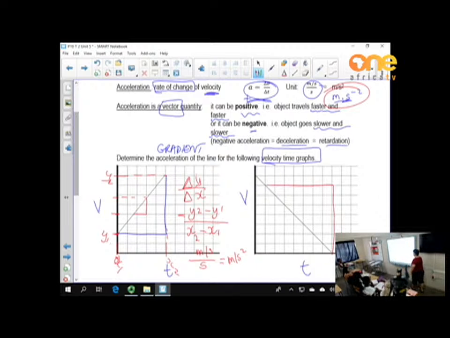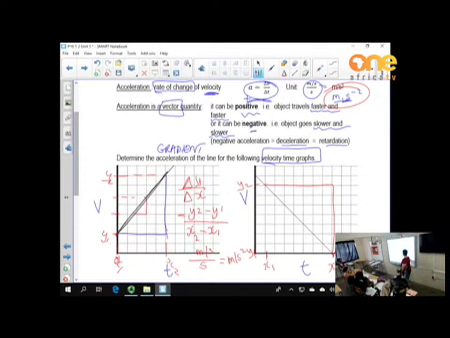Now if you were asked to work out the gradient of this line, well, we can still use as big a part as possible. There I have a y reading, and there I have a y reading. That would be y1 and y2, and over here I have an x reading and an x reading. The gradient is still y2 minus y1 divided by x2 minus x1. But can you see this graph? The gradient increases from left to right.